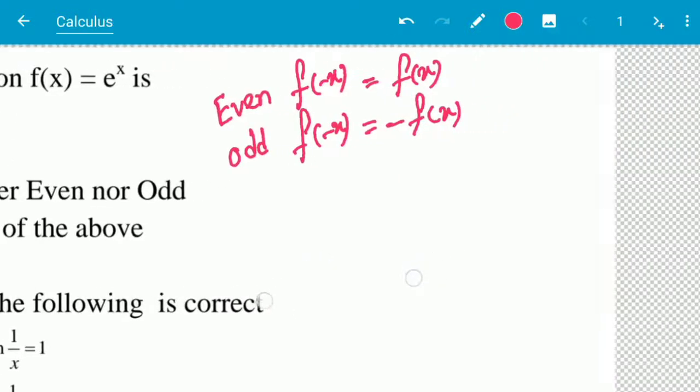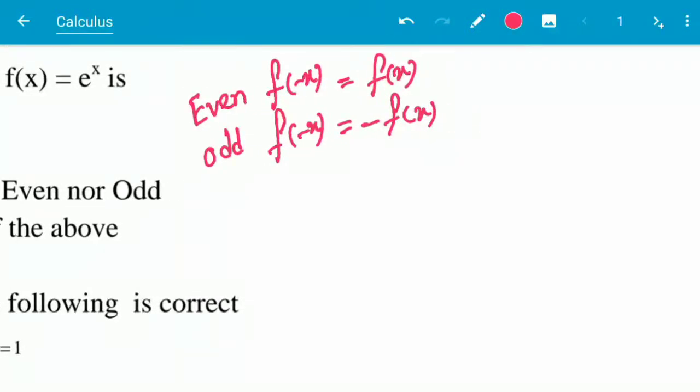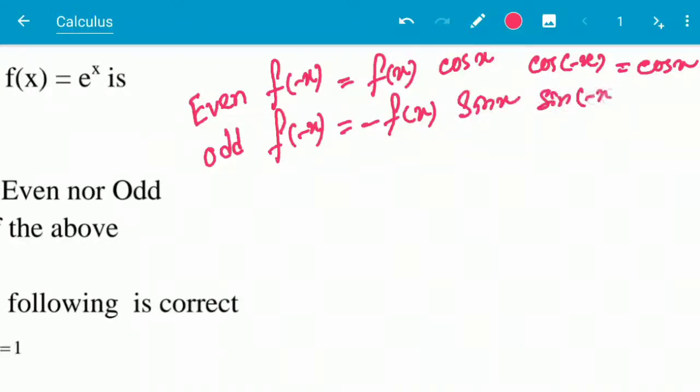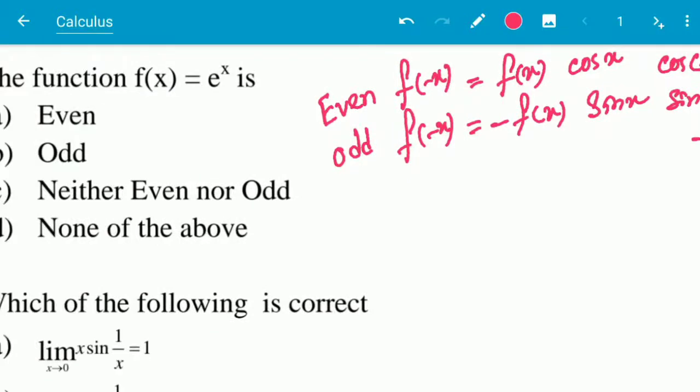An example of an even function is generally given as cos x, because cos of minus x is equal to cos x. The odd function example may be sin x, because sin of minus x is equal to minus of sin x. So here we have to see what happens in the case of e to the power x.